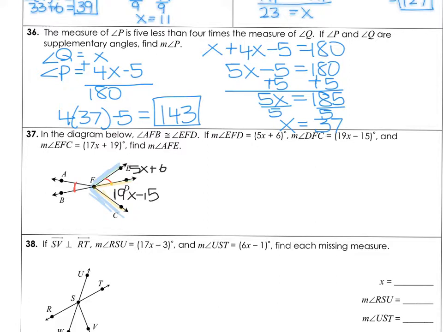So we're just going to go ahead and write my equation over here. Add these together. It's going to equal this. So we'll add, combine like terms.